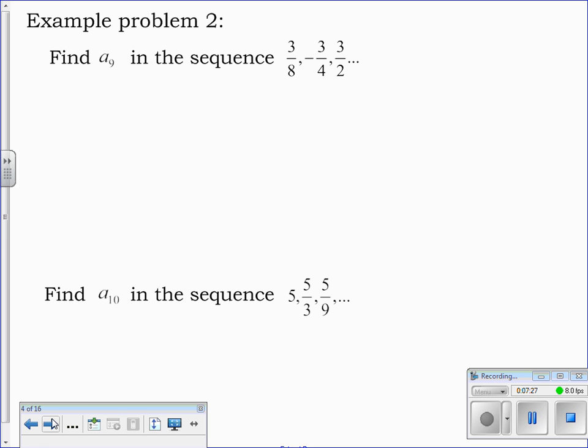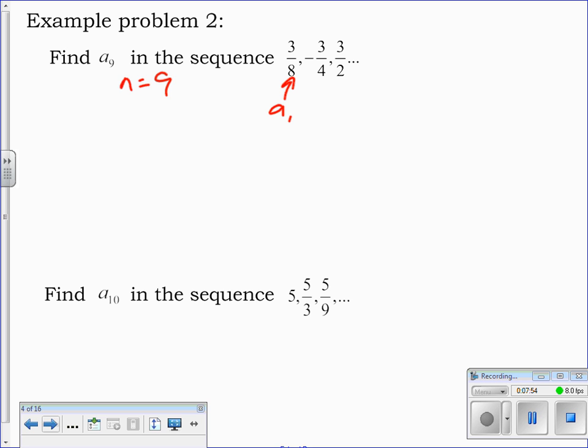Okay. Now the fun begins. We get to use our new formula. So we have, once again, 4 things: the nth term, the first term, the ratio, and n, the number of terms we have. Got to fill it in. We're looking for the 9th term, which means that n equals 9. A sub 1 is the first term.